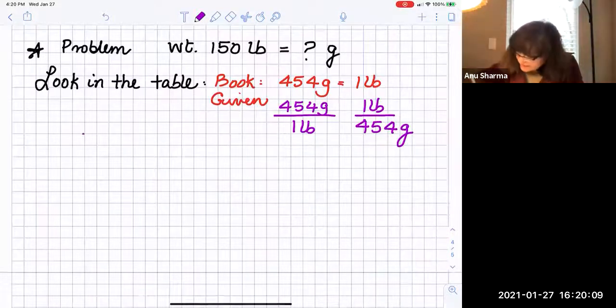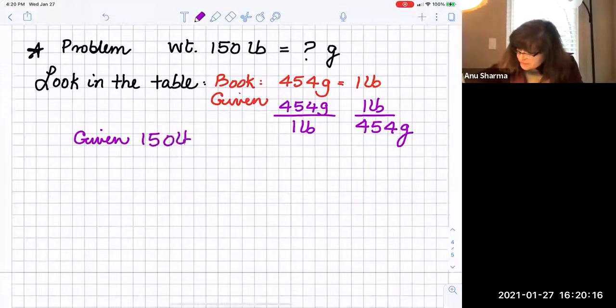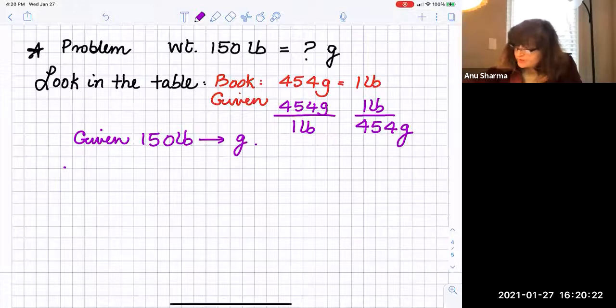Now write down what is given to you. We are given 150 pounds, and we want to convert that to grams. So we are going to use this conversion factor, because pounds is in the denominator and that is going to cancel the pounds out.